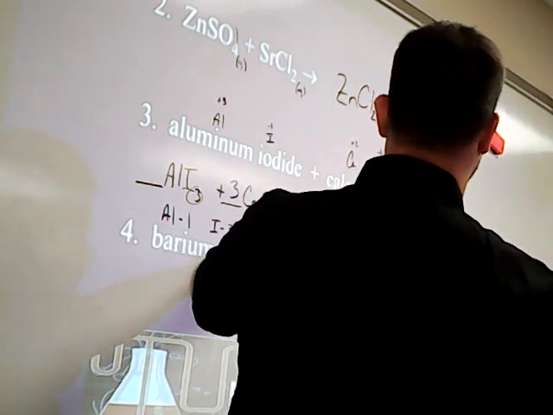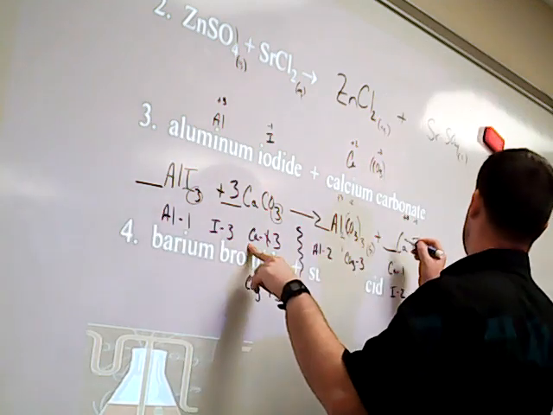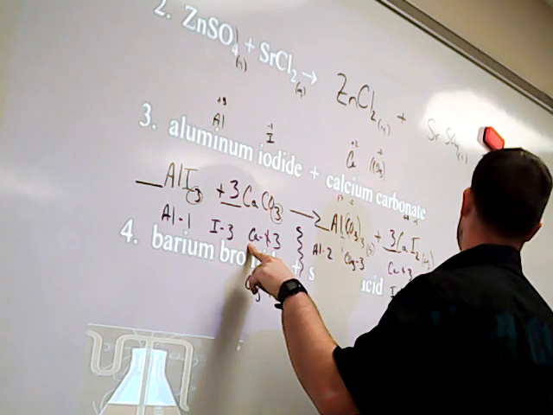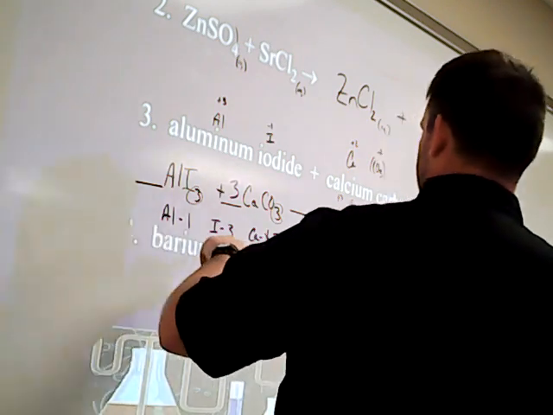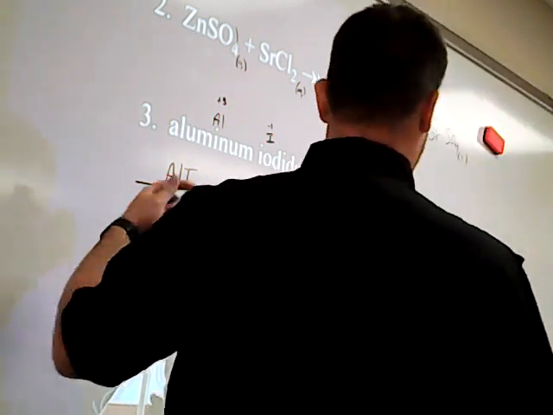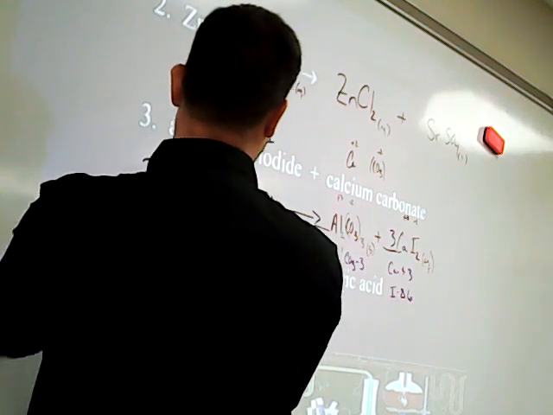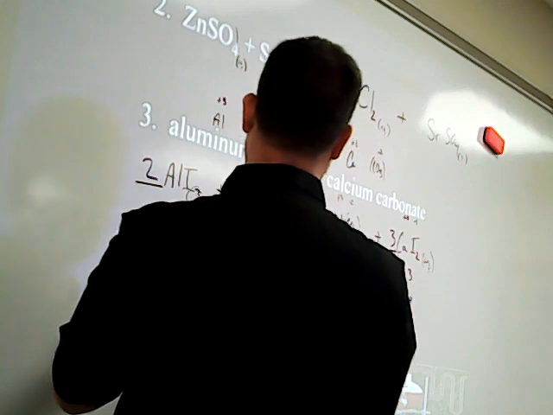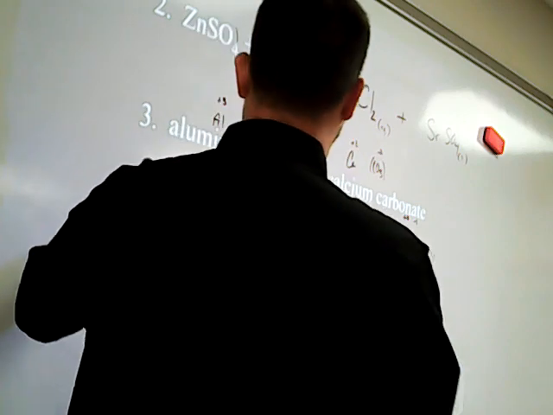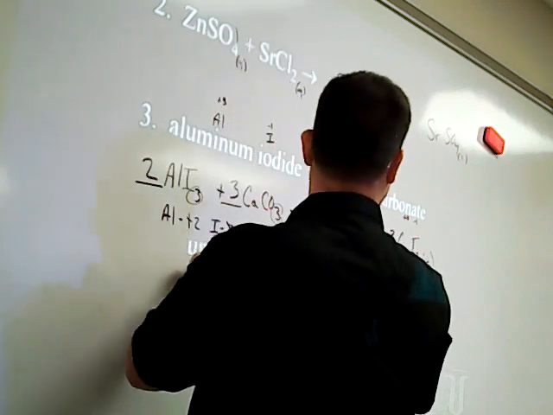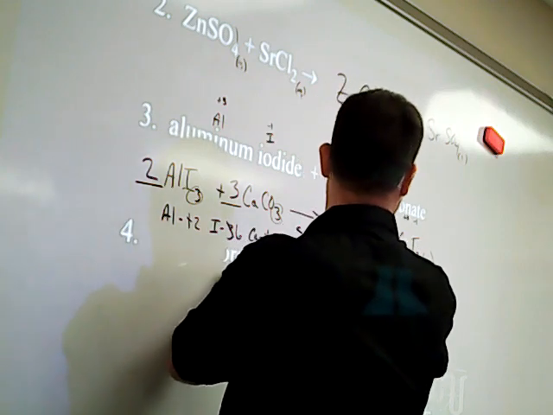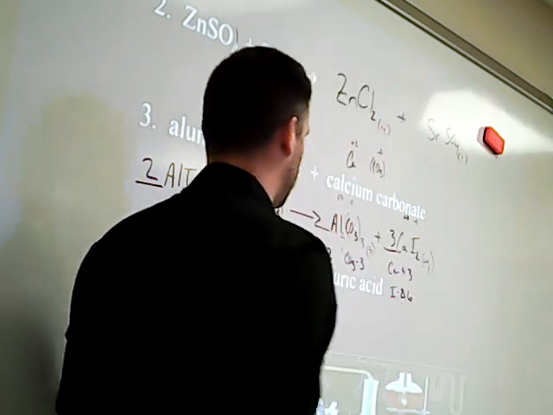And that messed up my calciums over here. That's 3, that's 6. Good. Now that makes that a 2. That makes that a 6. Aluminum is good. Iodine good. Calcium good. Here you go.